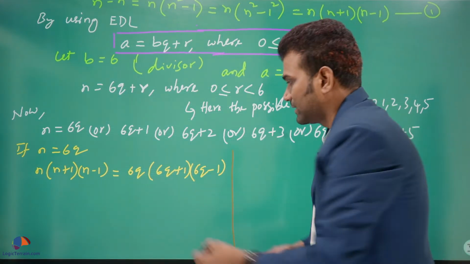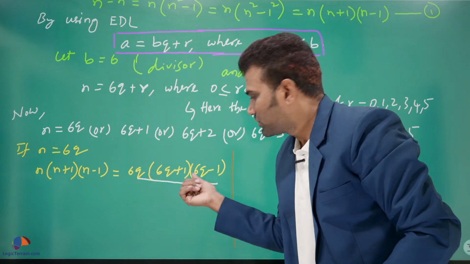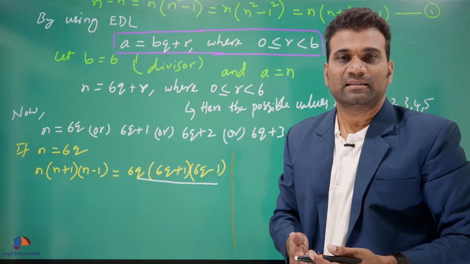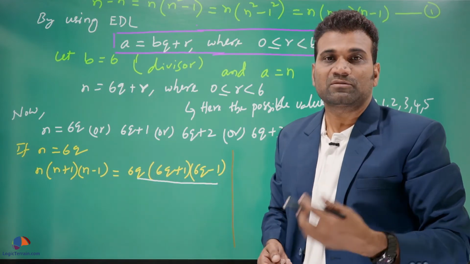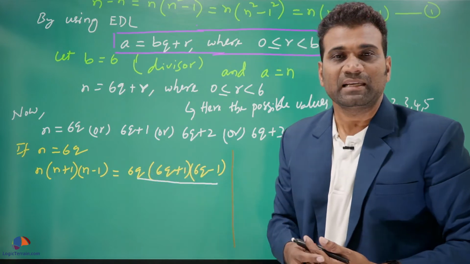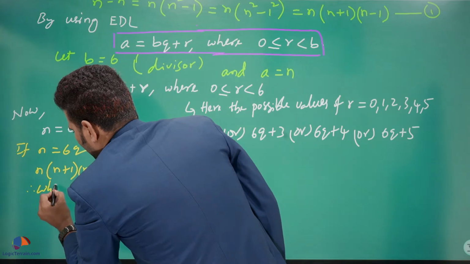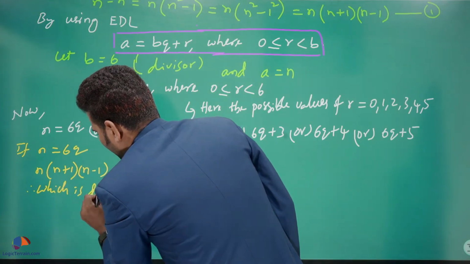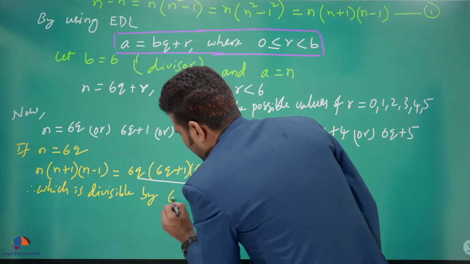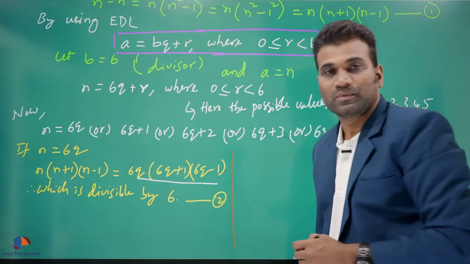Here you can see 6 into something, which means 6 into some integer, right? So 6 into something means it is a multiple of 6. So definitely this is divisible by 6. Let us take this as number 2, right?